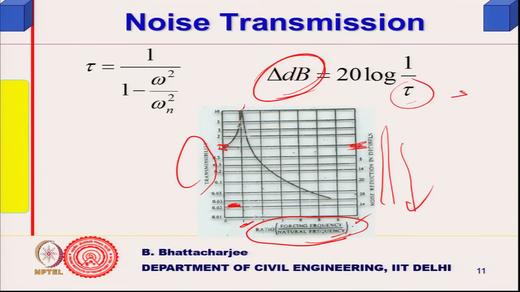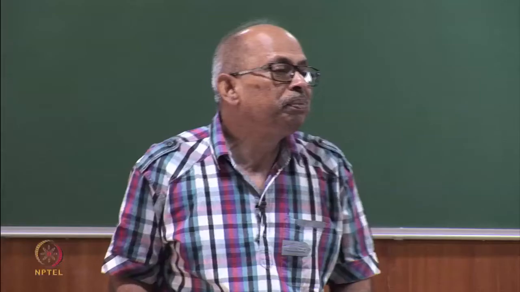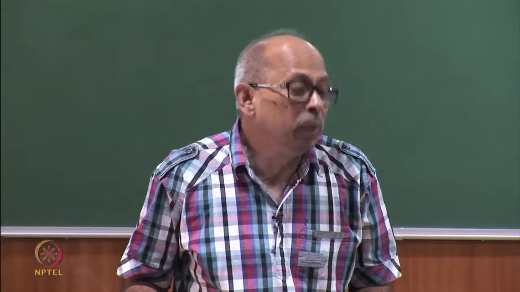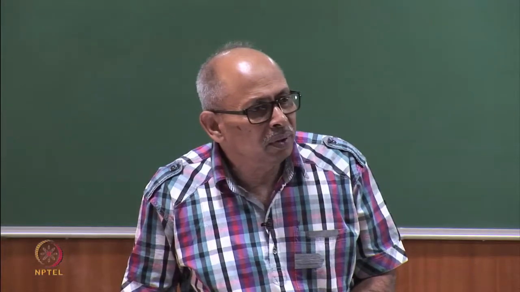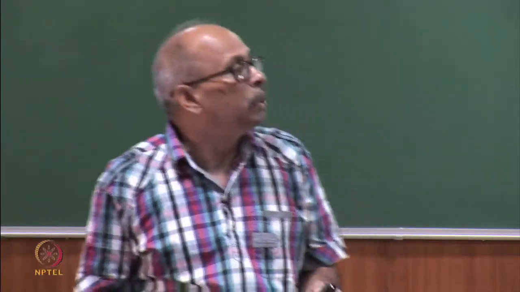So, as this value becomes smaller and smaller, the delta dB noise reduction increases, because delta dB is this. So, we try to keep the forcing frequency away from the natural frequency. The natural frequency of the isolator should be 3 to 4 times that of the forcing frequency. So, choose the isolator accordingly.